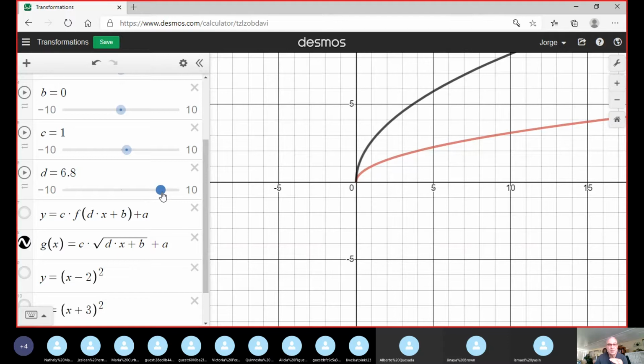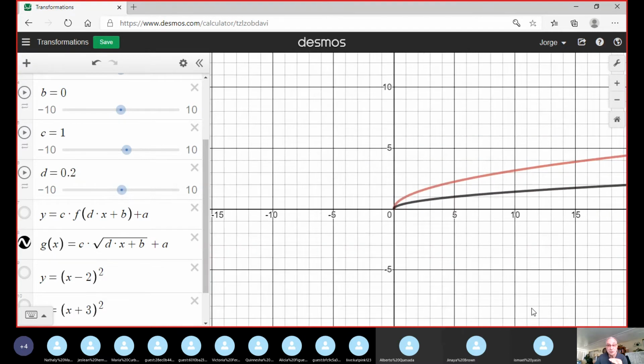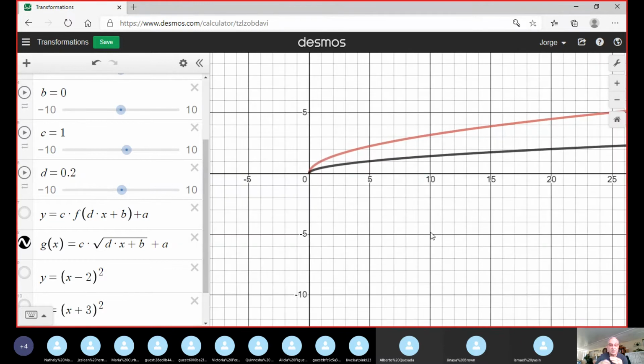Now, more clearly, suppose I come back to 1, no transformation. I put d less than 1, 0.8, 0.5. I suppose you see clearly now that we have a horizontal stretch. It's like somebody pulls in the right direction. Horizontal stretch.